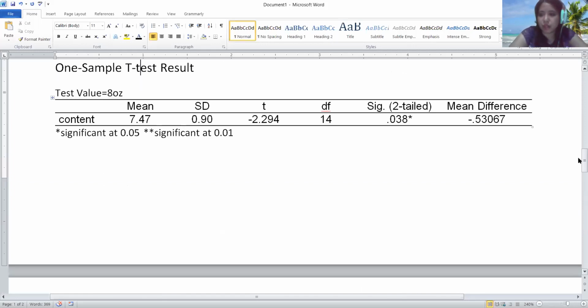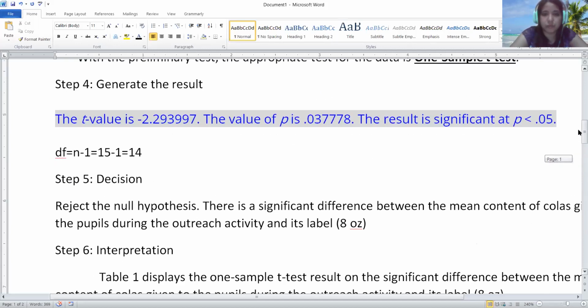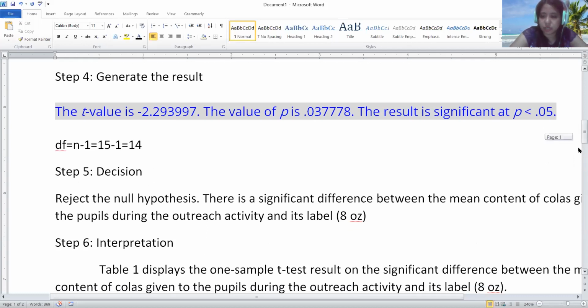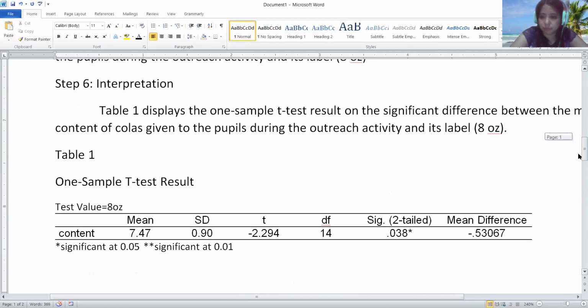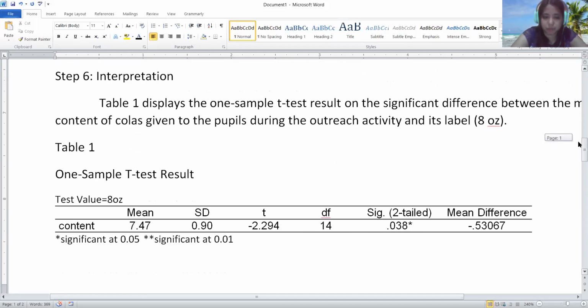So p-value or the sig value is also generated using the online calculator. It is 0.03778. So let us just reflect this. 0.038. So we round off to 3 decimal places.